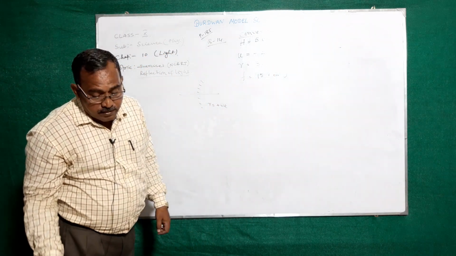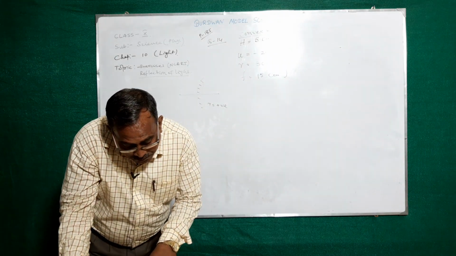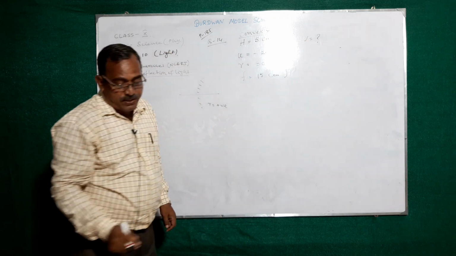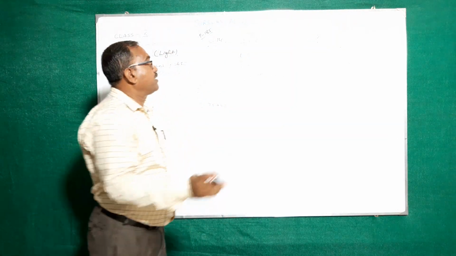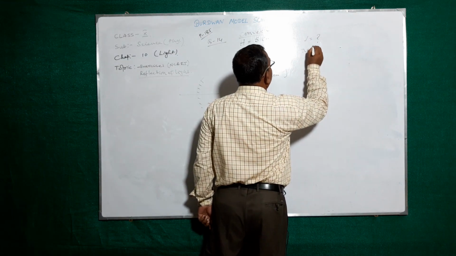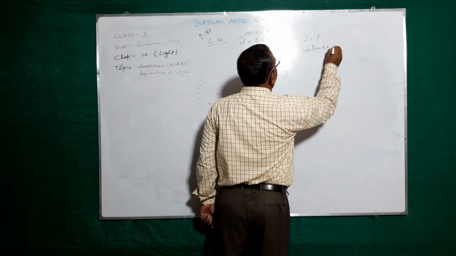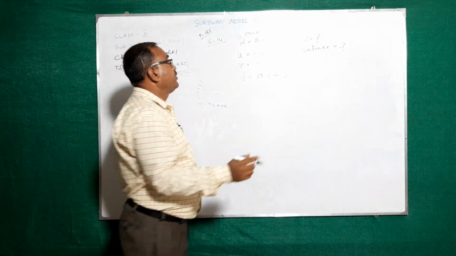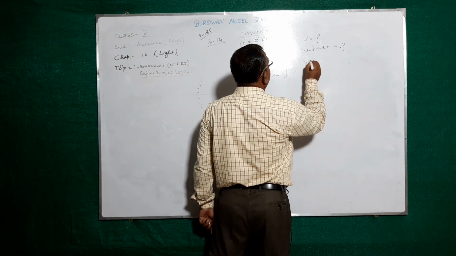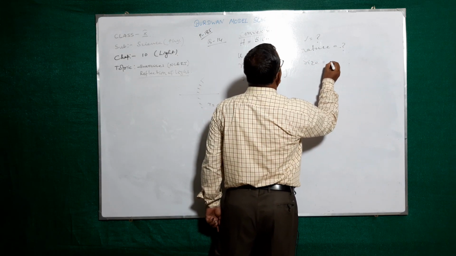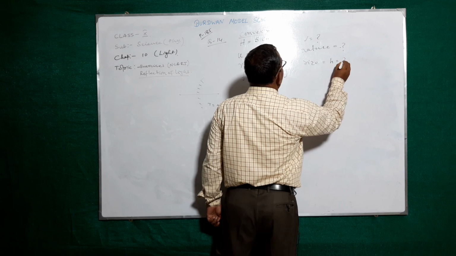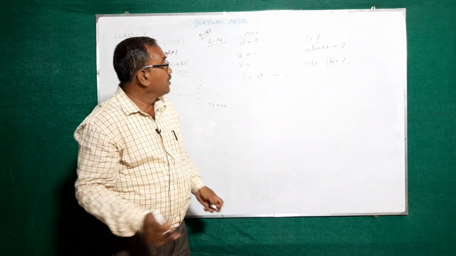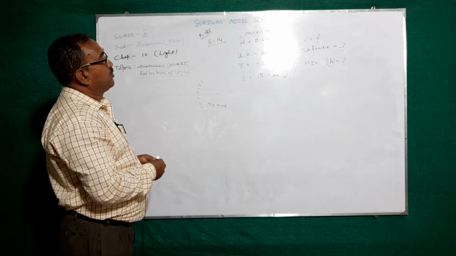Your requirement: find the position of the image. You find out the value of image distance, its nature, nature means real or virtual, and its size. Size means height of the image.